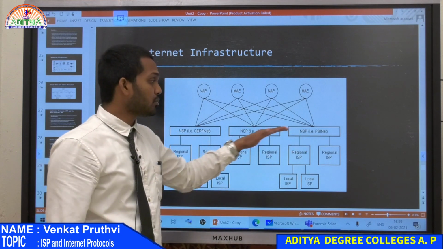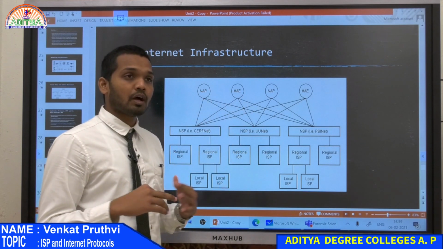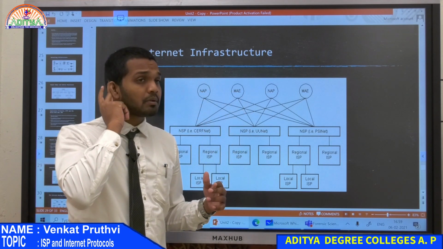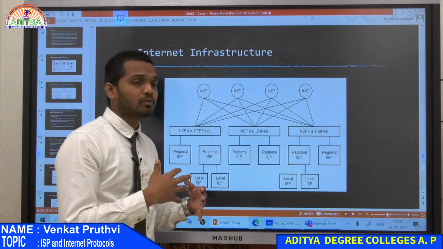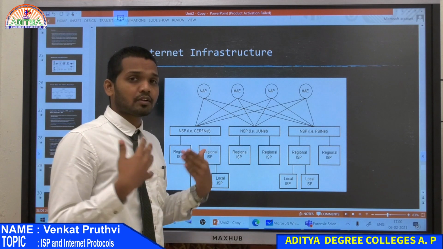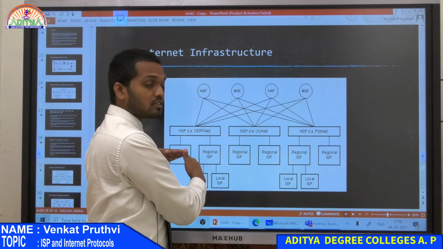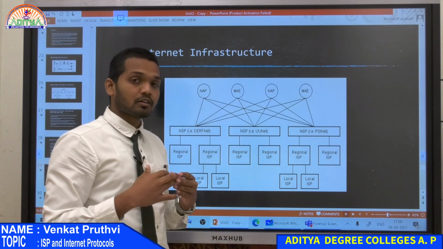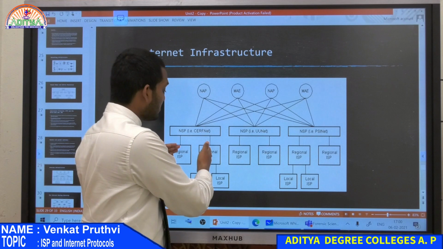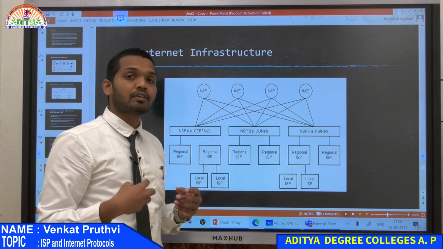These are the network service providers at the very high level, who lay the cables down over the oceans, and who maintain so much infrastructure for the connectivity of the internet. From these network service providers, the regional internet service providers buy as much bandwidth as they want, and from the regional ISPs, the local ISPs buy that bandwidth again.